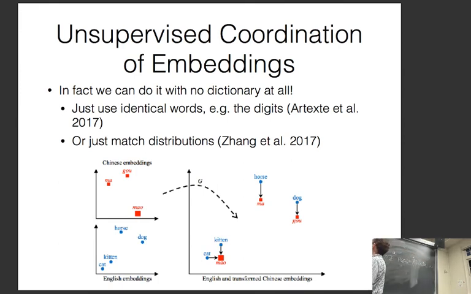The first really successful method for doing this was by Zhang et al., and they used a thing called Earth Mover's distance. And Earth Mover's distance is basically the amount of distance that you need to move probability in a distribution in order to get the two distributions to match exactly. And they learned a transformation matrix so that the Earth Mover's distance between the two distributions was as low as possible.